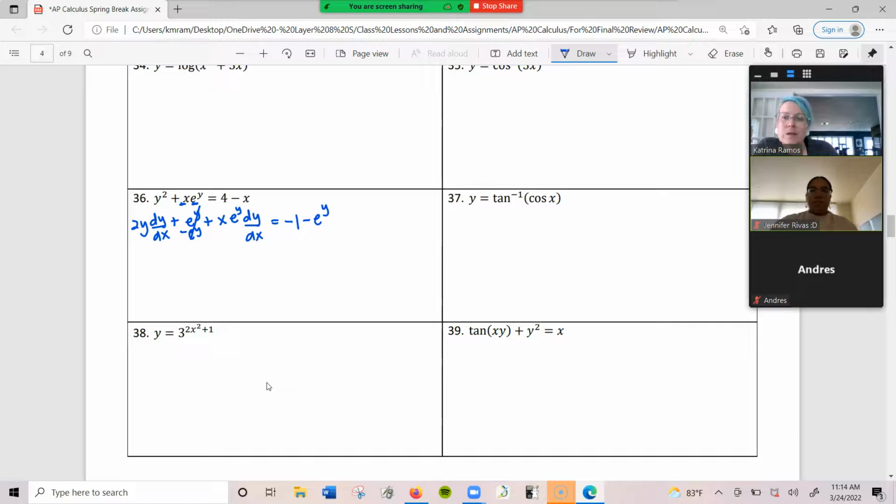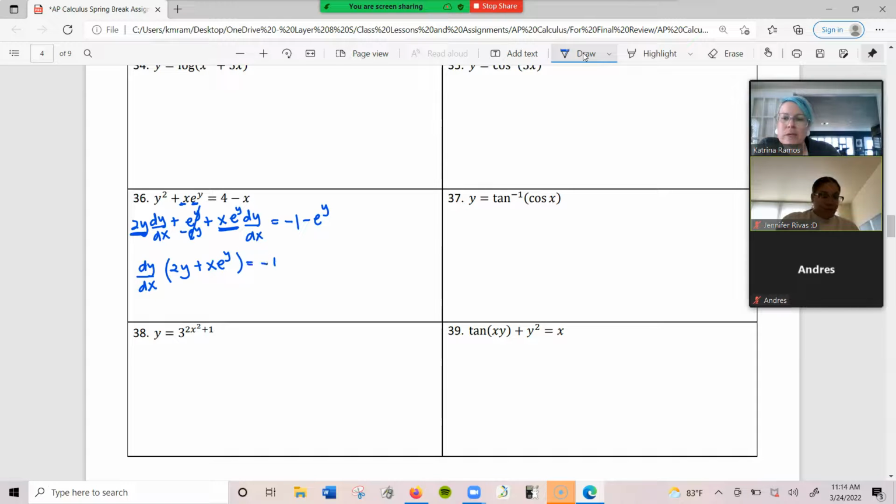So we can take out the dy dx, and what we have left would be the 2y plus x e raised to the y is equal to negative 1 minus e to the y.